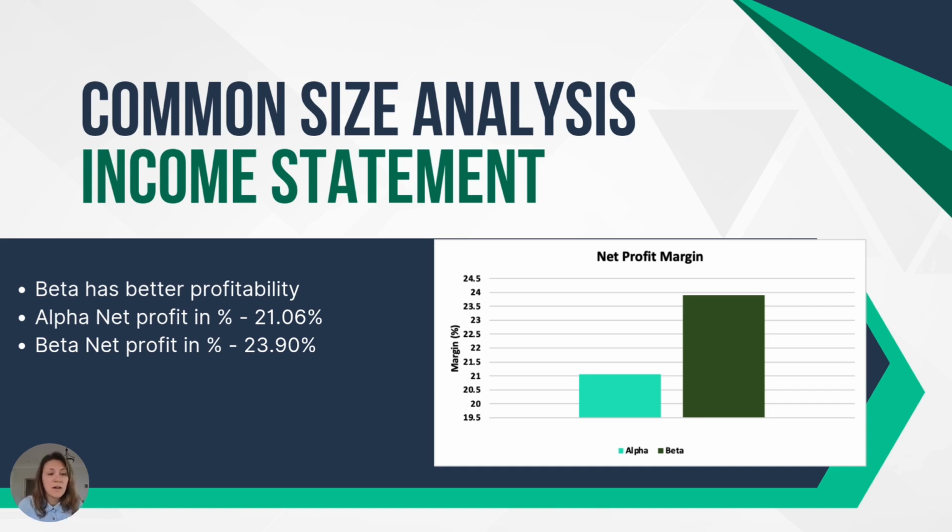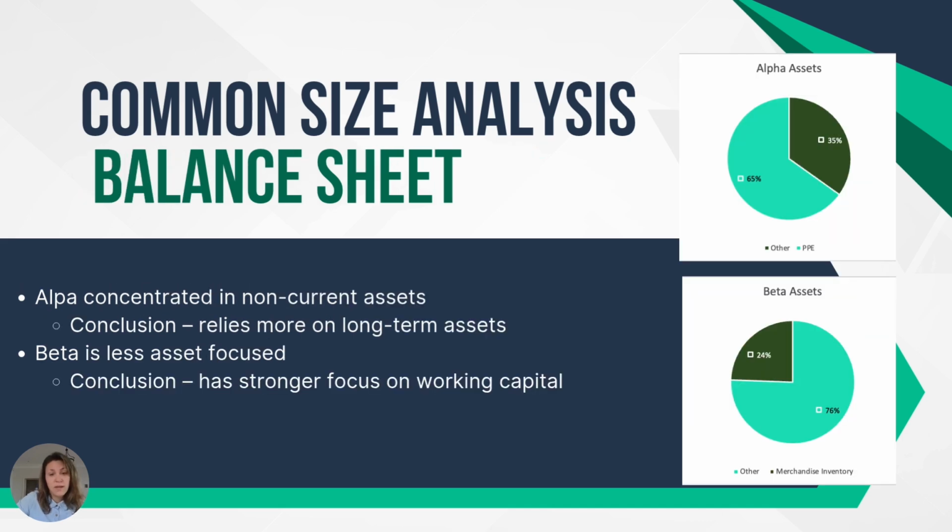We can see that Beta has better profitability, and we can say that Beta keeps a larger percentage of profit from each dollar of sales revenue because it achieved a higher margin, which is 23.90%. And overall, we can say that Beta company demonstrates stronger profitability and better cost control.